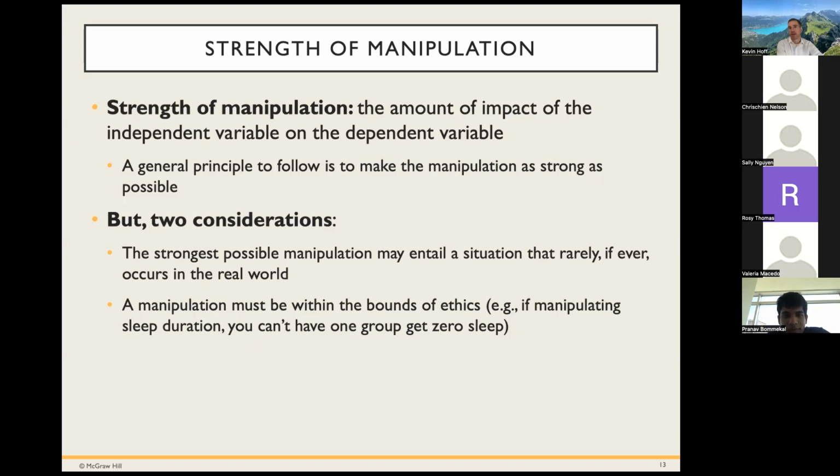So to set up an experiment like that, you would need to really think through how participants are getting to the lab, and whether they have time after the experiment to catch up on sleep, a bunch of things like that. And you wouldn't ever be able to limit a group to zero sleep or something that would be potentially harmful physically or mentally.